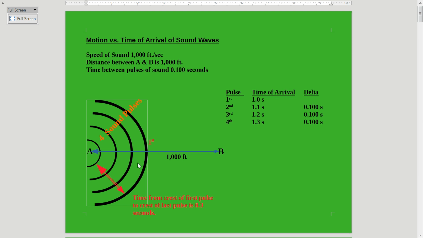So it's nice even numbers, nice round calculations for the most part. So given the 4 pulses, there'll be 3 intervals total, each with a time of 1/10 of a second, for a grand total of 3/10 of a second between pulse 1 and pulse 4.